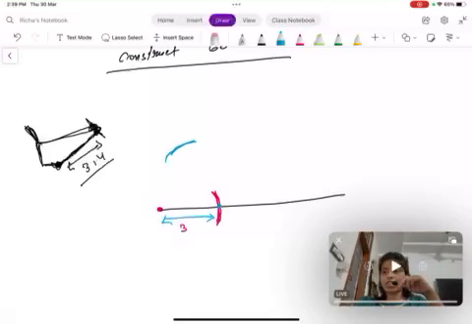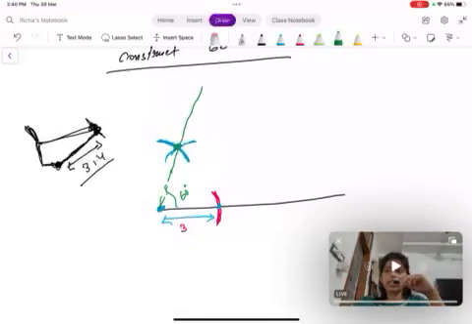I will not change the length of the compass. Now again from this center, I will cut an arc here, which is also 3 centimeters. If I join this point and this point, I will say that this angle is 60 degrees.